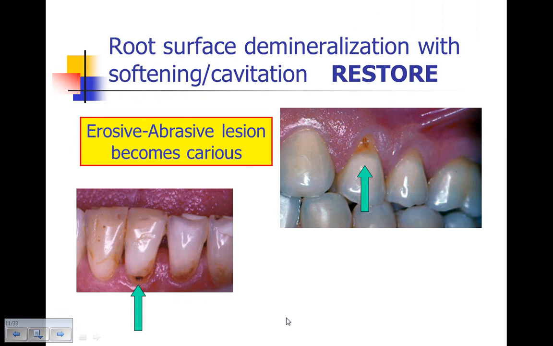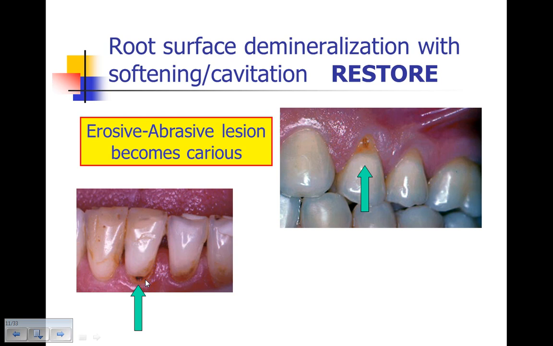There'll be times that we may see demineralization and softening and cavitation in the presence of non-carious cervical lesions, where we see, as we see in the lower anterior here, that there's a notching but a carious lesion as well. And actually this patient had had radiation therapy along with the removal of one of their sublingual salivary glands, so reduced salivary flow.